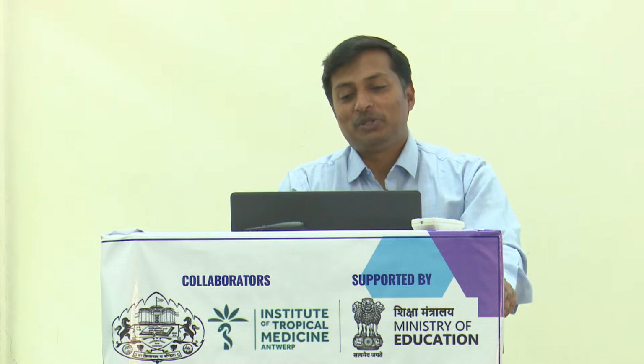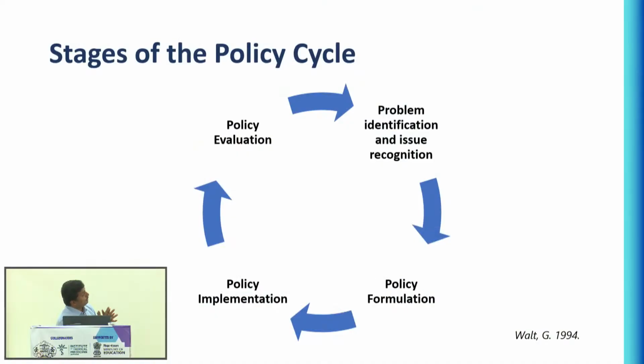Okay. So when we talk about stages of the policy cycle, by and large people will agree that there are 4 stages. Some people will say there are 5. So problem identification and issue recognition. Then we talk about policy formulation, then policy implementation, and then policy evaluation.